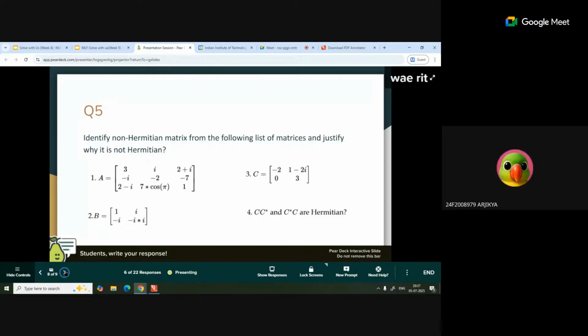Just a quick doubt: in this fourth option, is C star referring to the C matrix in the third option, or is it an arbitrary matrix? The matrix in the third option. Okay, thank you.